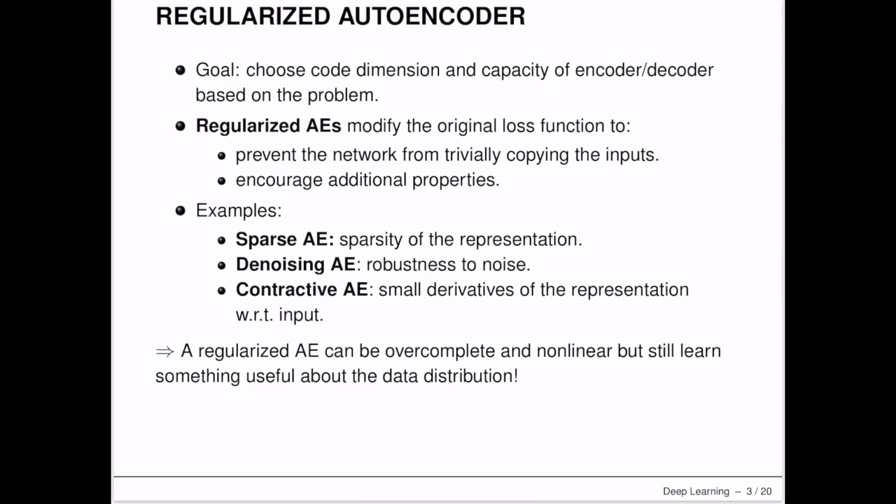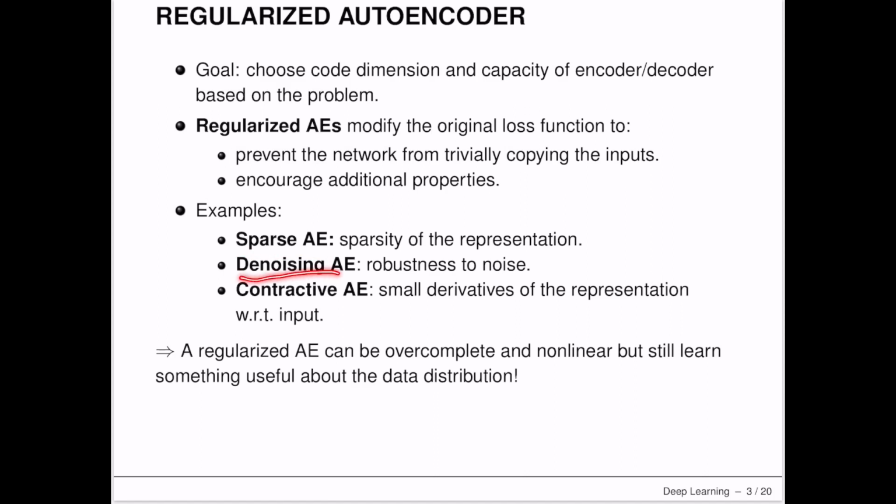One possibility is to use a regularized autoencoder, in which we modify the original loss with the goal of preventing the network from trivially copying the inputs, and usually encouraging additional properties. What could these additional properties be? There are different autoencoders encouraging different properties. On the one hand is the sparse autoencoder, which learns sparse latent representations.